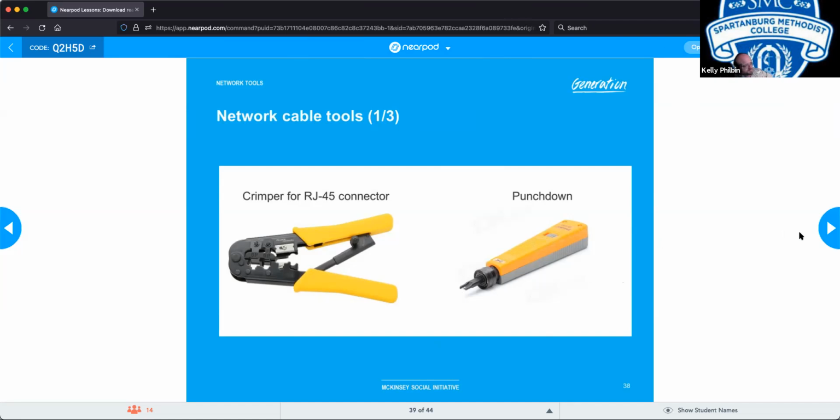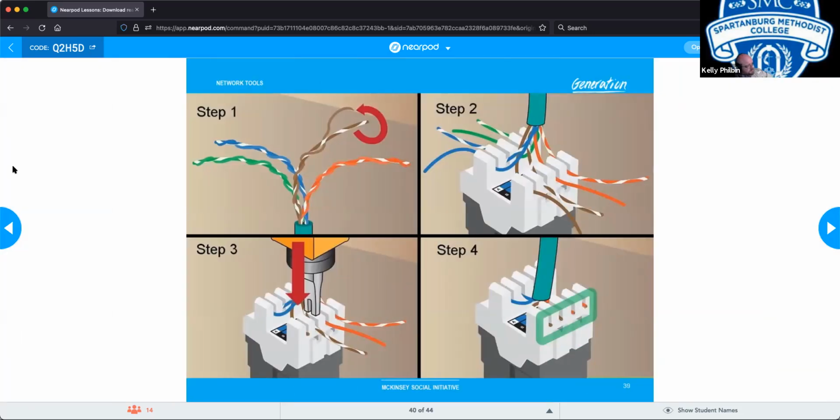So this is kind of a description of it here. You can see the punch down tool where he's using it. Actually, I would say this picture is backwards because you would want the blade on the other side to cut off the excess on the outside. But you would unspool your cables and line them up properly.